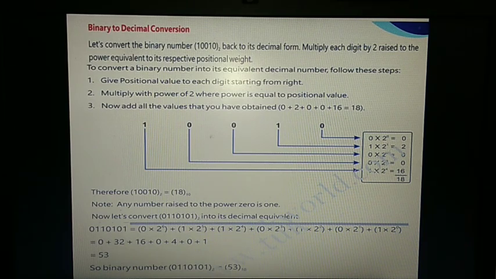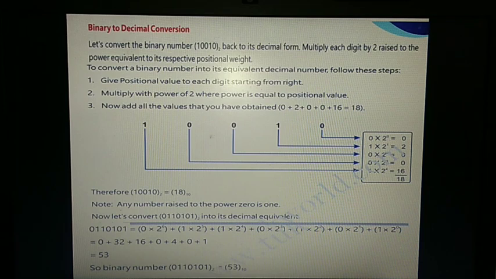In conversion of decimal to binary you were dividing 18 by 2. Here you are multiplying each digit by 2 raised to the power equivalent to its respective positional weight.